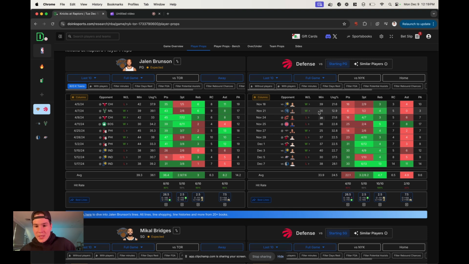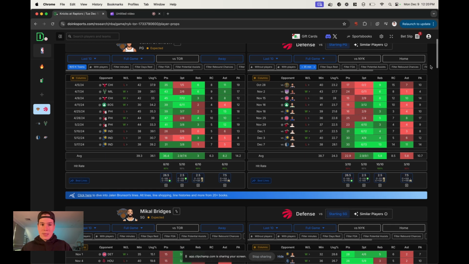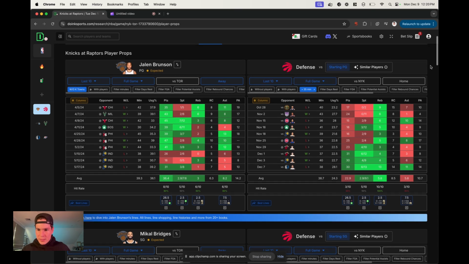Because if you play longer in a game, you have more opportunities to score, undoubtedly. So let's just kind of look at past point guards who've played more than 35 minutes to make sure that we give a fair assessment of the defense. And same trend, interesting, with the recent weakness against point guard 3-pointers.